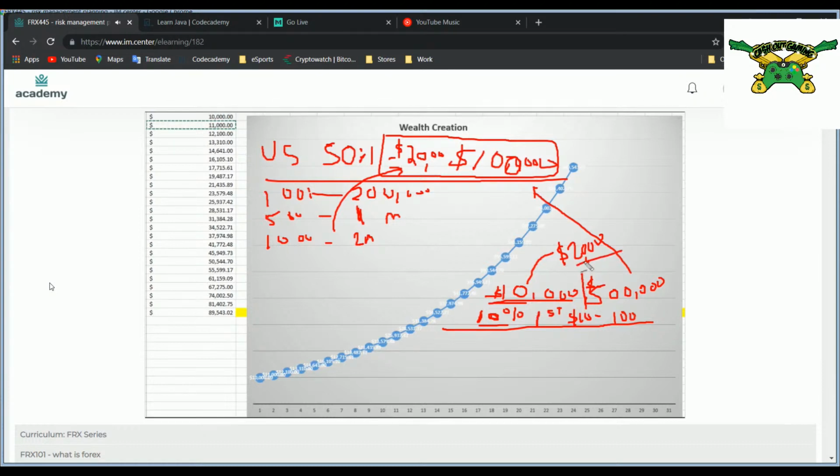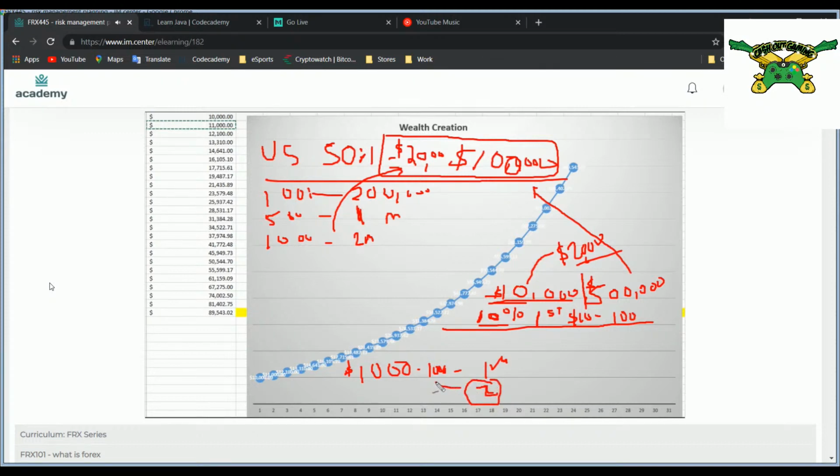Okay, and this is where the leverage comes in. I see traders who'll have a $1,000 account with 1,000 times margin. They have $1 million, and they're trading 2 standard lots.